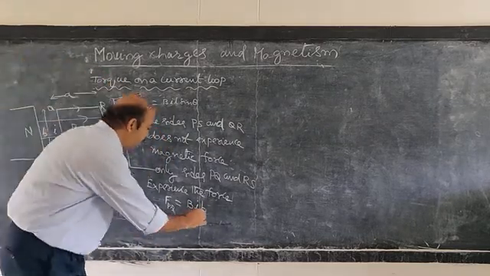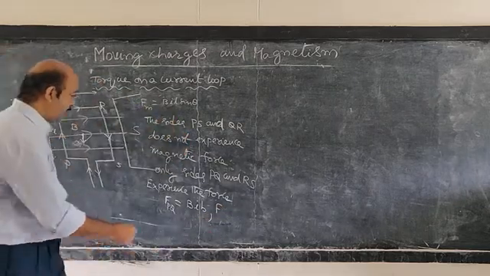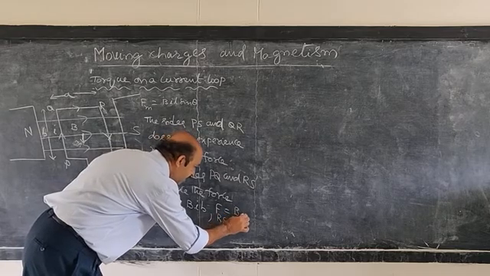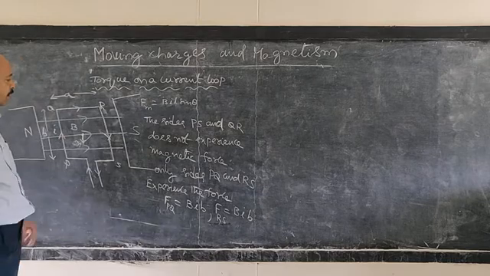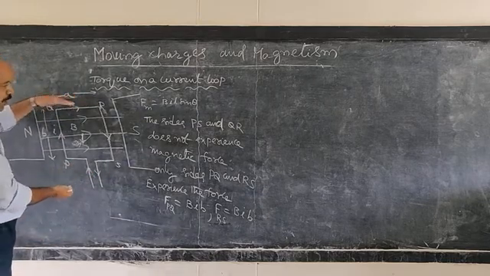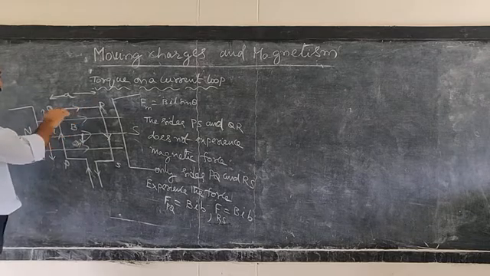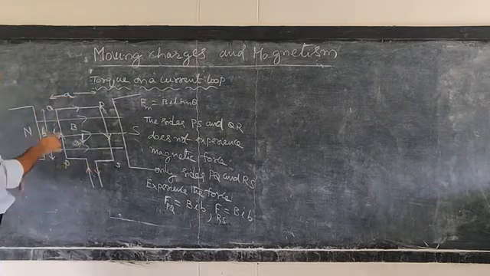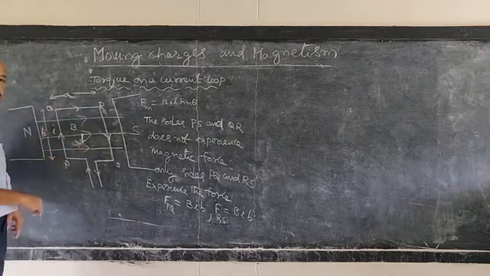And similarly the force on this side RS is magnetic field, current, into the length. So these two sides won't experience a force because the field is parallel to the current element. Hence this side and this side won't experience a force, whereas the sides PQ and RS will.